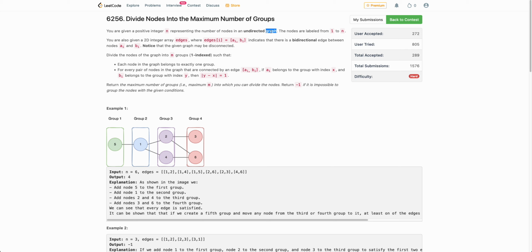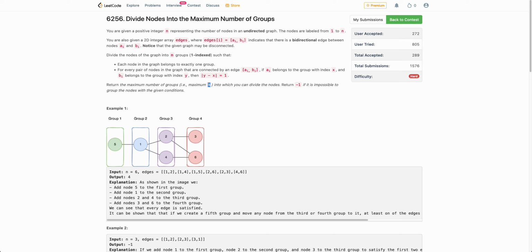First, instead of a graph, let's say we are given a tree. Second, the graph may be disconnected, but let's assume it is always connected. So we are given a tree of n nodes, and we have to divide it into m groups and find the maximum value of m.